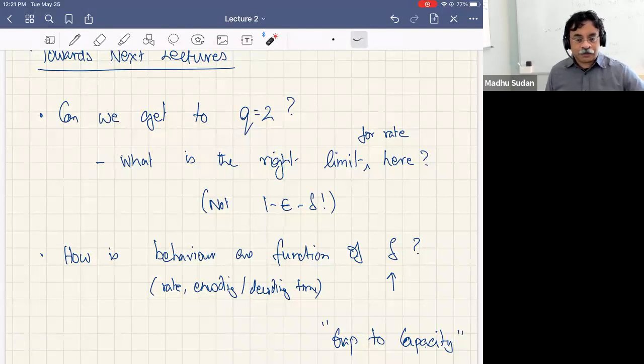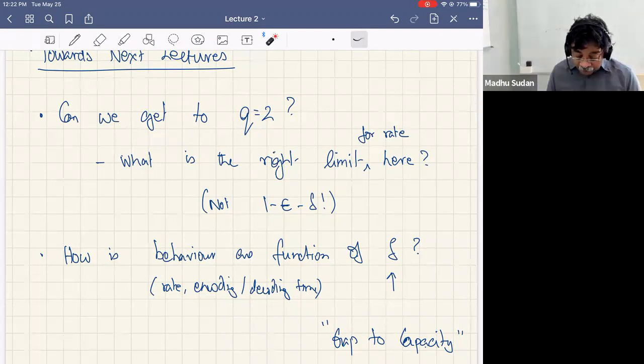If it has more zeros than ones, he makes the entire sequence zeros. If it has more ones than zeros, he makes the entire sequence ones. That's 50% error. You can only transmit two distinct messages here. So you don't expect the limit to be 1 minus epsilon.